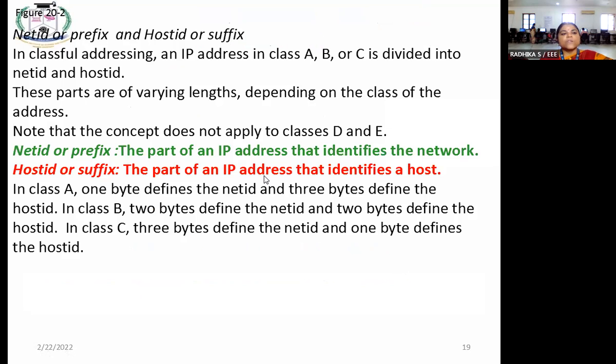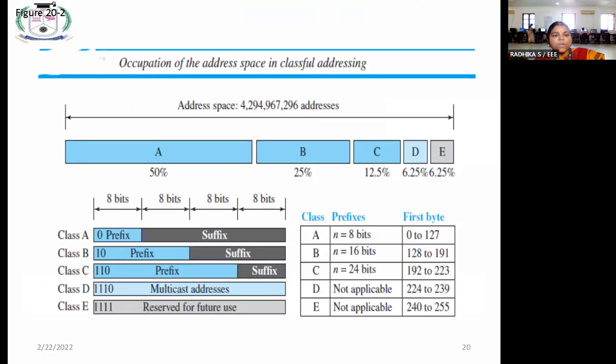In classful addressing, as I told you, there is going to be a prefix and a suffix. The prefix is used to identify the particular network, and the suffix is used to identify the particular device or host in that network. In class A, only 1 byte is meant for the net ID, that is the prefix, whereas 3 bytes are meant for the suffix.